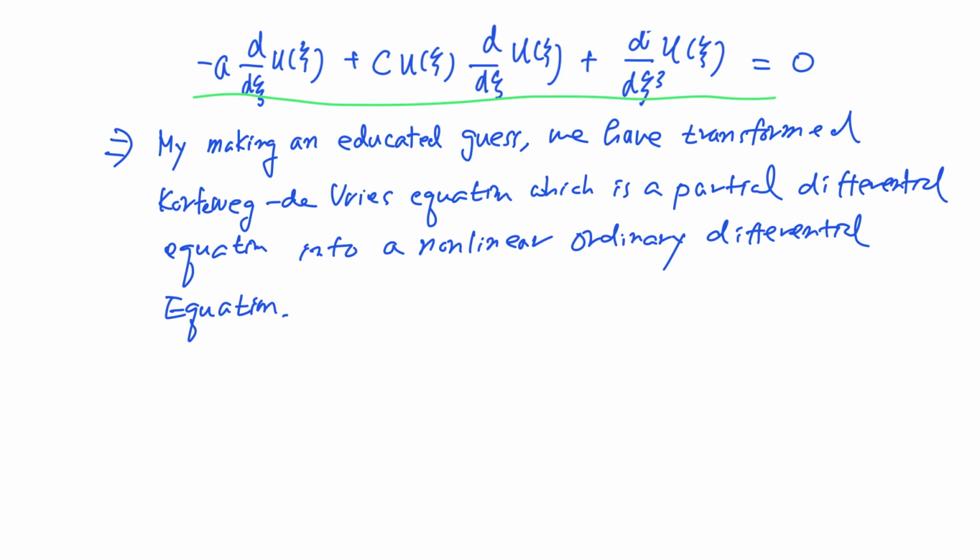But there's one trick we can use. u(psi) du/d psi can be a little bit simplified: one half d/d psi of u squared, right?